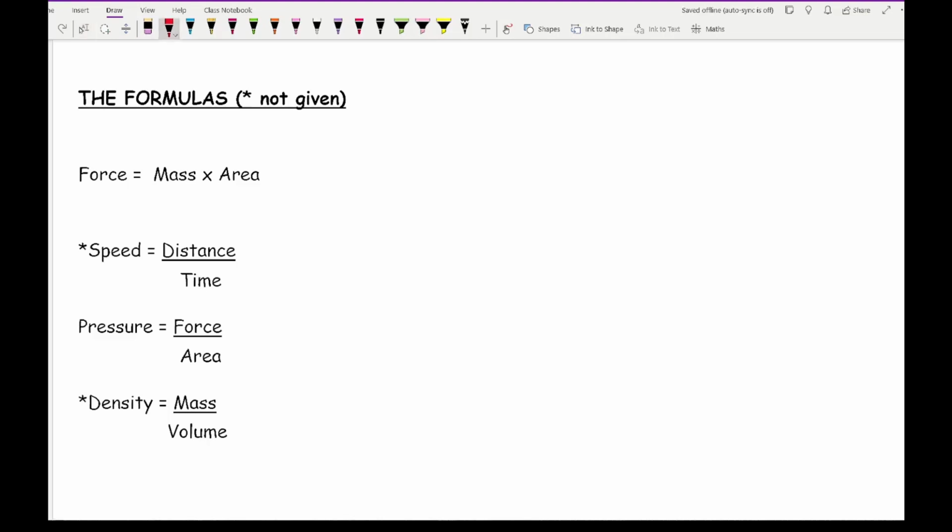So here if we look at speed, the units for speed is going to be a distance unit per, or slash, a time unit.